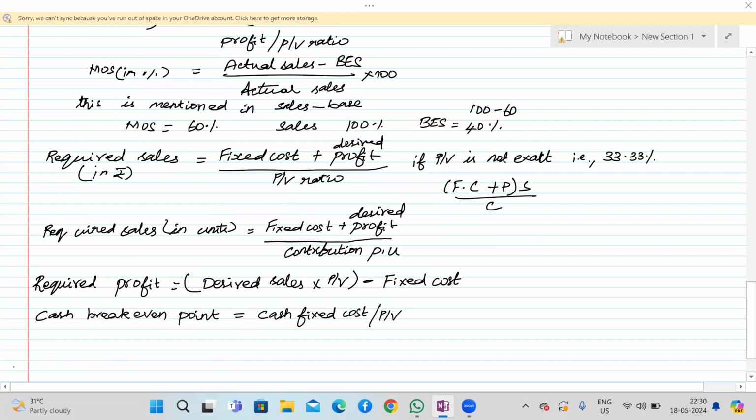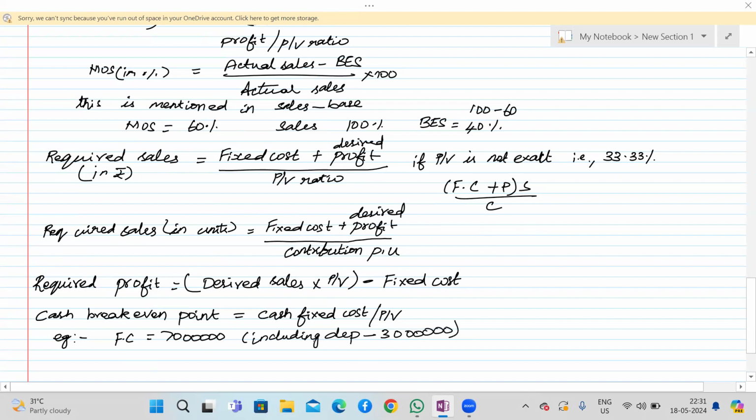That means fixed cost is, for example, 70 lakhs, including depreciation of 30 lakhs.